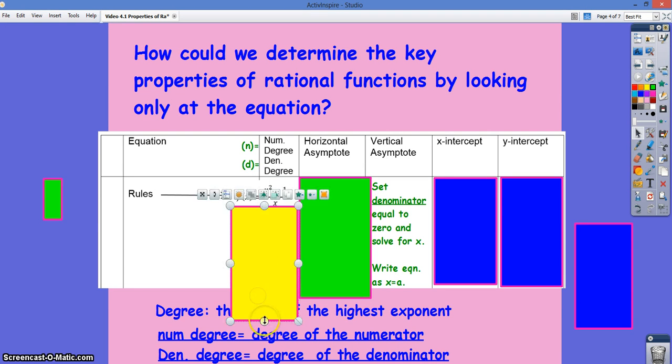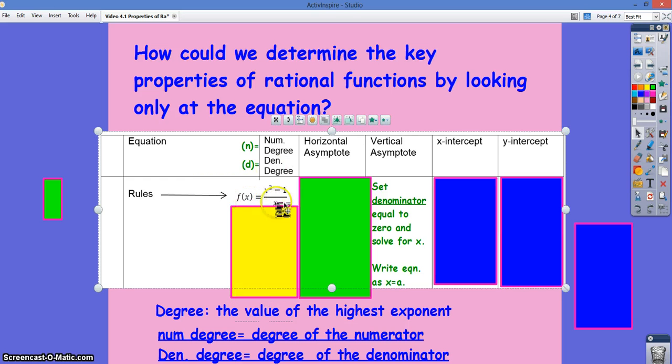is this example here. Go ahead and copy this so you have an example. f of x equals x squared over x minus 1. Well, the degree of the top here: first of all, what term has the highest exponent? I hope you're saying x squared. Okay, now what is the exponent? It is 2. So my n, the degree of the numerator, is 2 in this case.